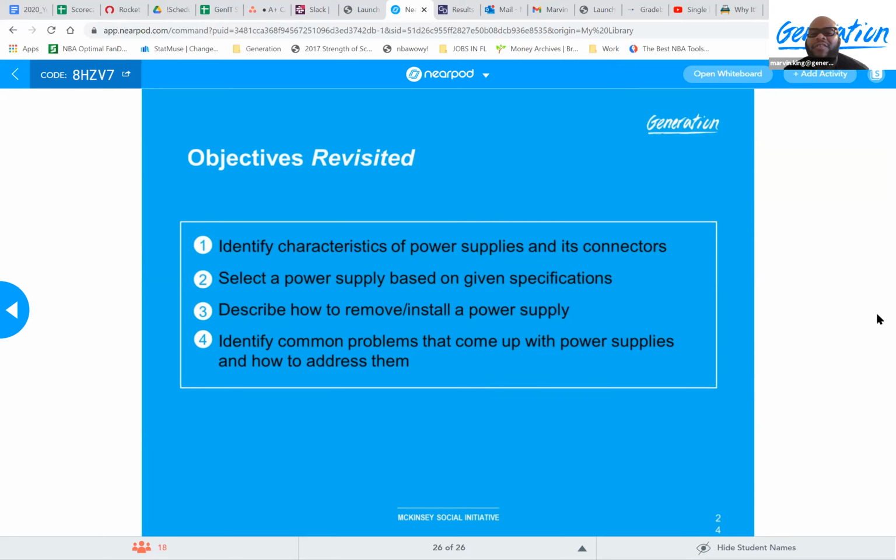Do we have any questions about power supplies right now? Okay. I think we did a really good job. Just being able to identify those connectors is big. P1, which is your main one, is an important one.